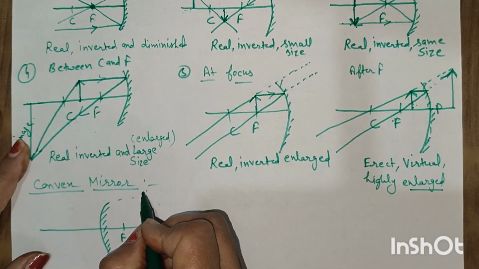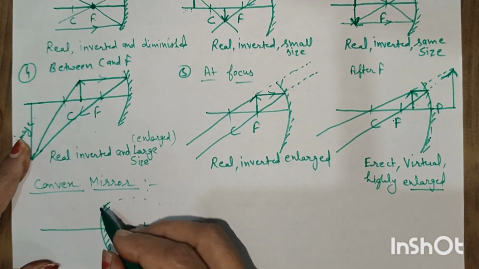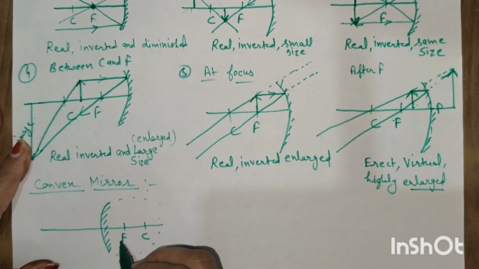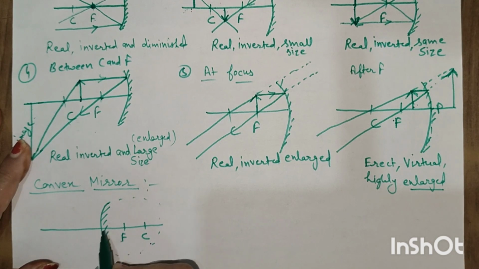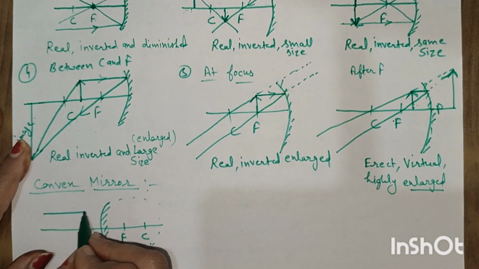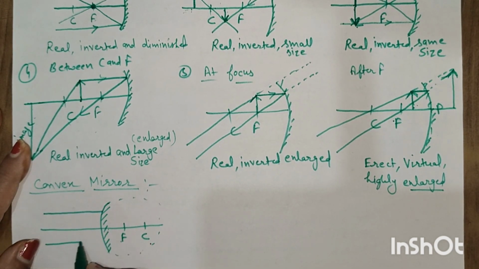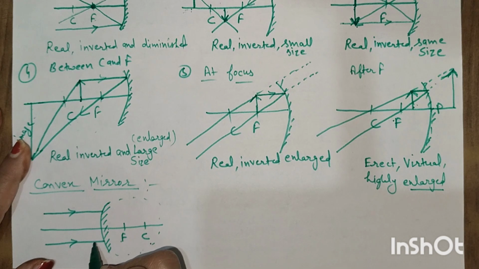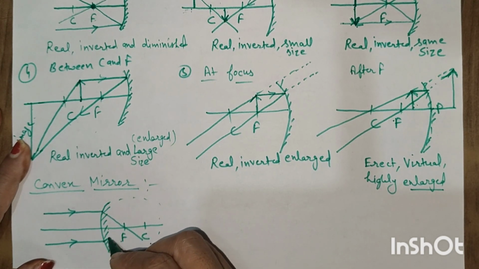We will discuss the convex mirror. If you complete the sphere, then the focus and center of curvature of the convex mirror lie on this side. Now, if we put the object at infinity, then first rule is it will go parallel to the principal axis and then pass through the focus.